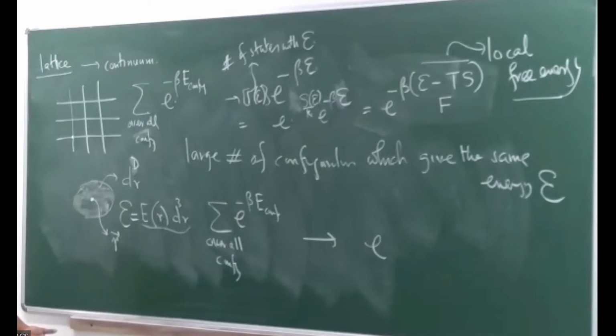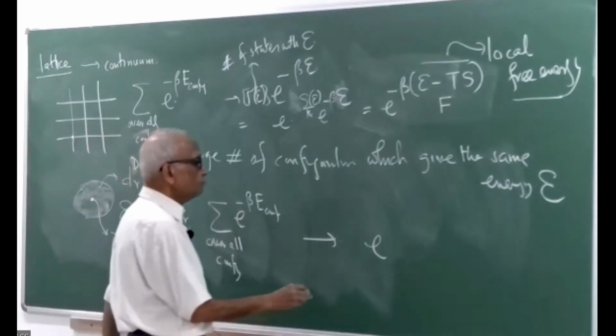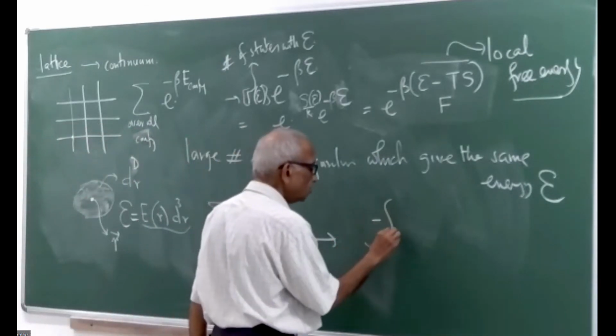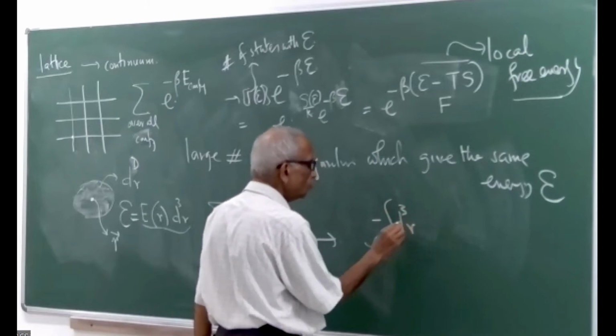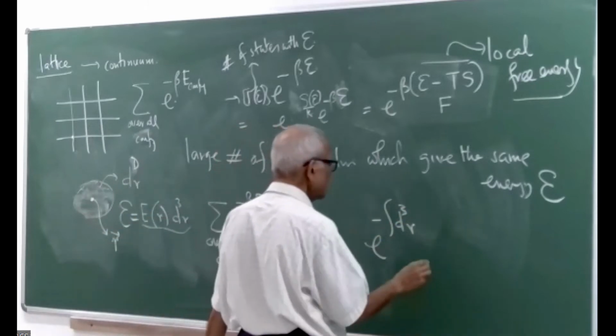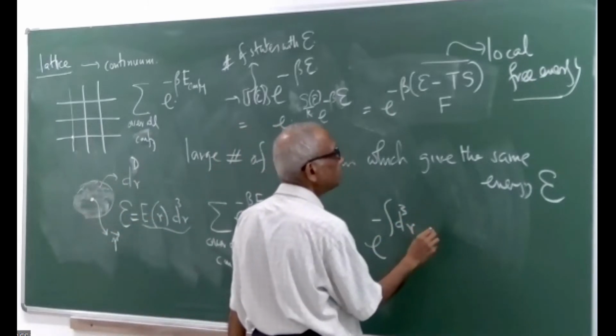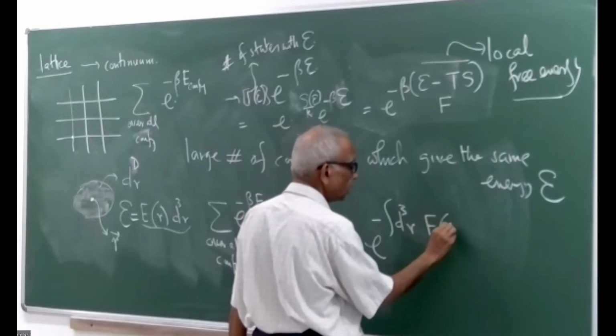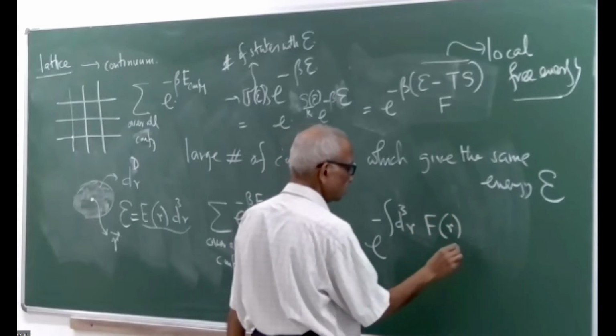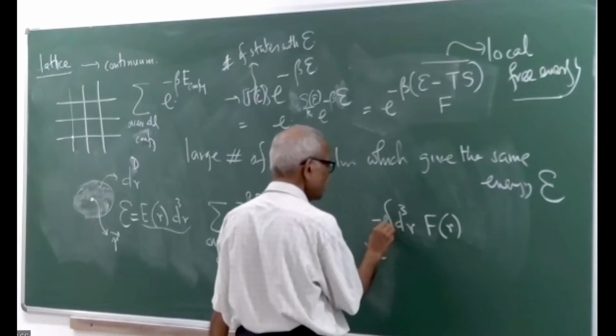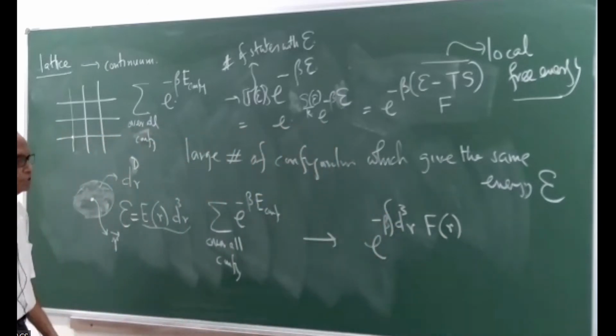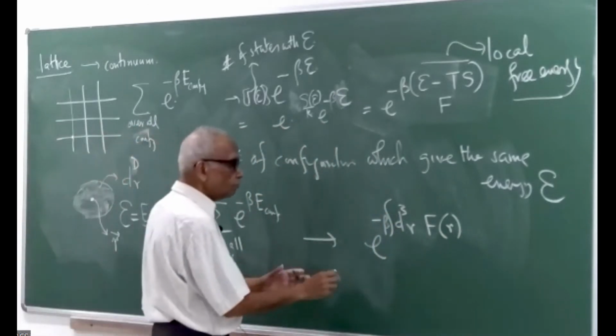And I have to get the total energy, which would be e to the power of the integral over the entire sample of F of R times beta. So this is the passage.